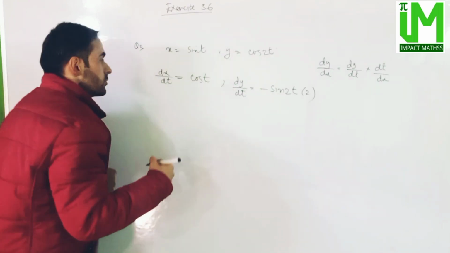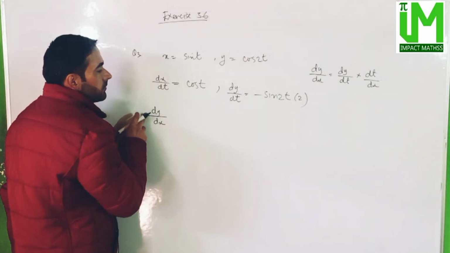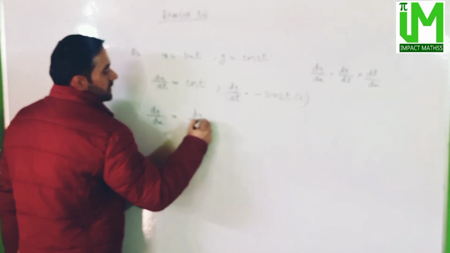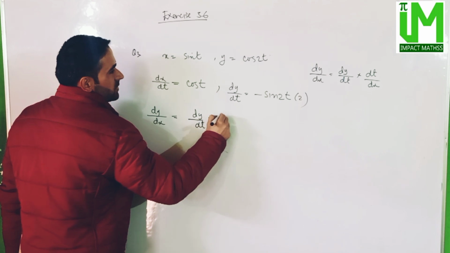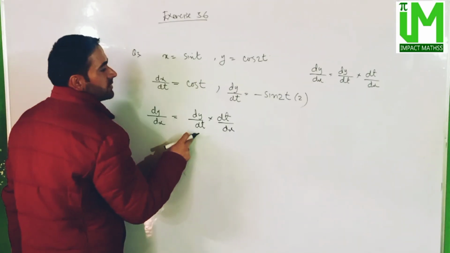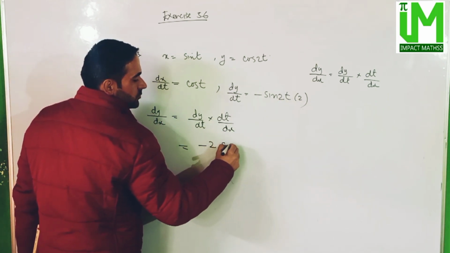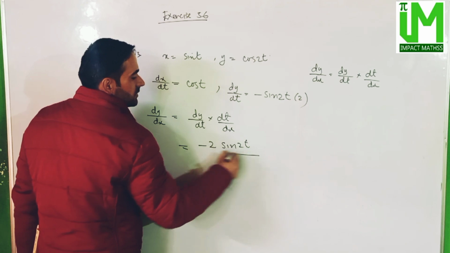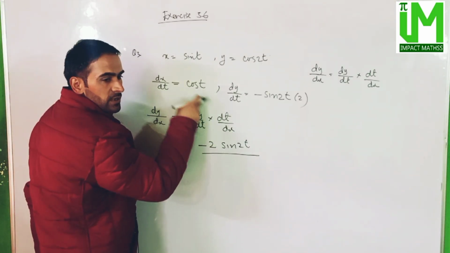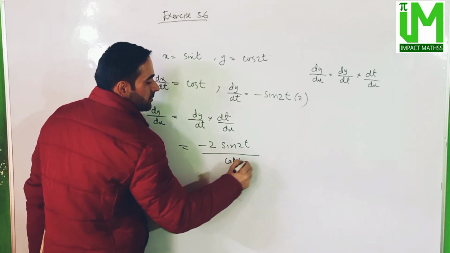Therefore dy by dx is dy divided by dt into dt divided by dx, and dy by dt is equal to minus twice sin of 2t, divided by dx by dt, in reciprocal, which is cos of t.